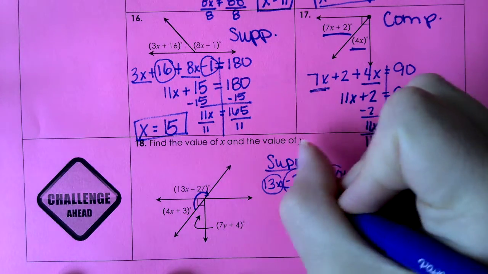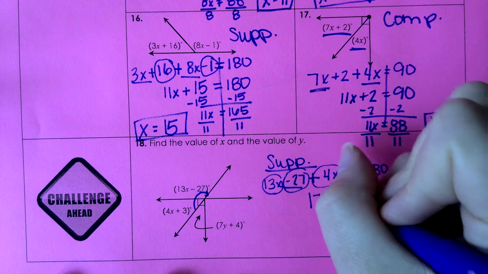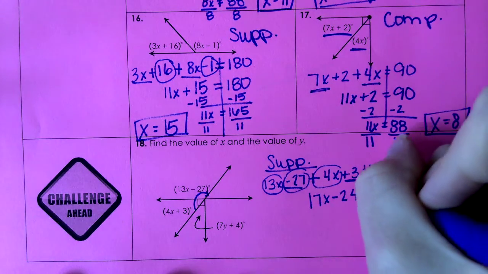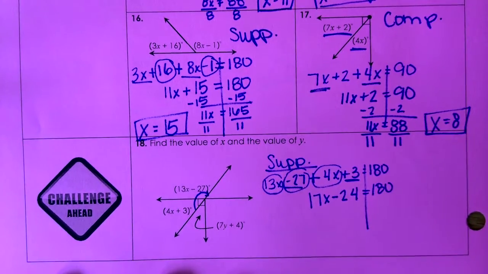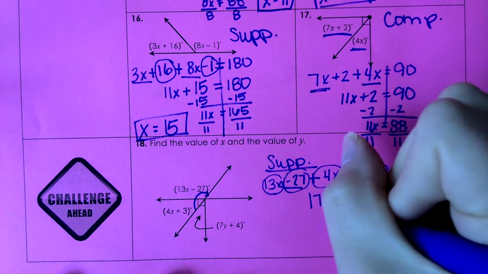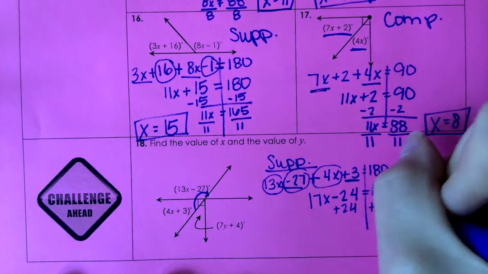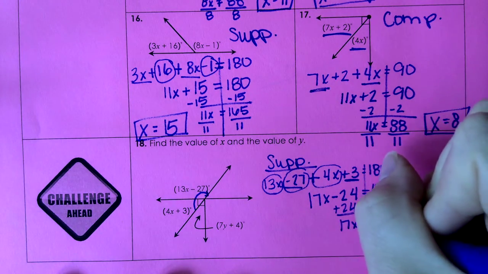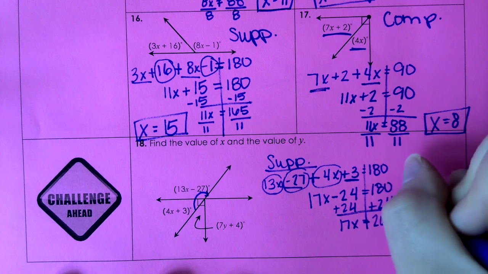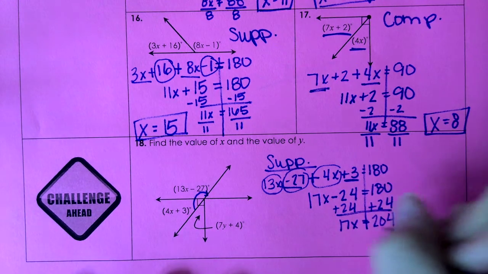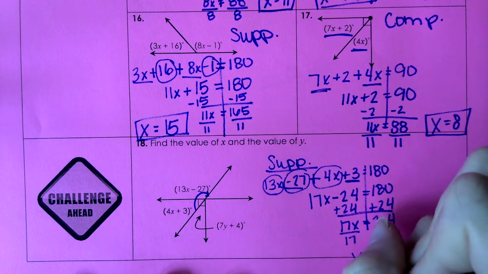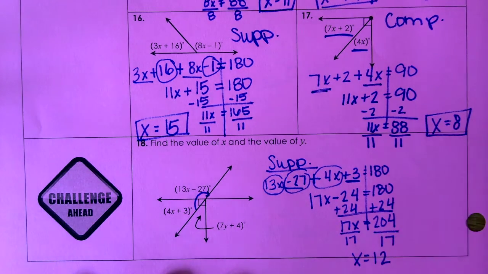Negative 27 plus 3 is negative 24, equals 180. I then add 24 to both sides, and we get 17x equals 204. Divide by 17 on both sides, and now we know that x equals 12.